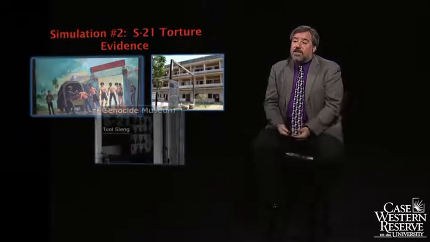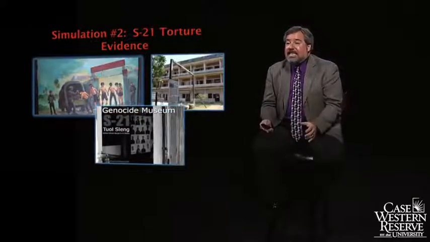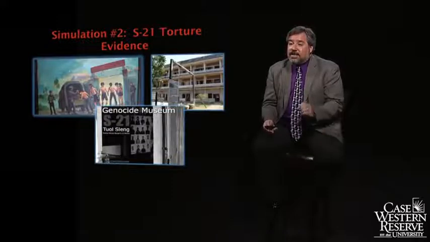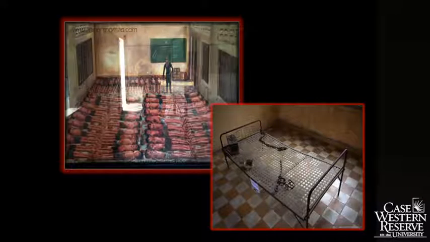You can go and visit it in Phnom Penh, and it's been maintained exactly like it was the day that the Vietnamese liberated this torture camp. And what they found were these beds with manacles and torture devices and blood stains and brain matter and all sorts of horrible things on the walls of these rooms. And you can still go there and you can feel the repressive nature of this place. Okay, so why would anybody want to use the evidence that came from this S21?